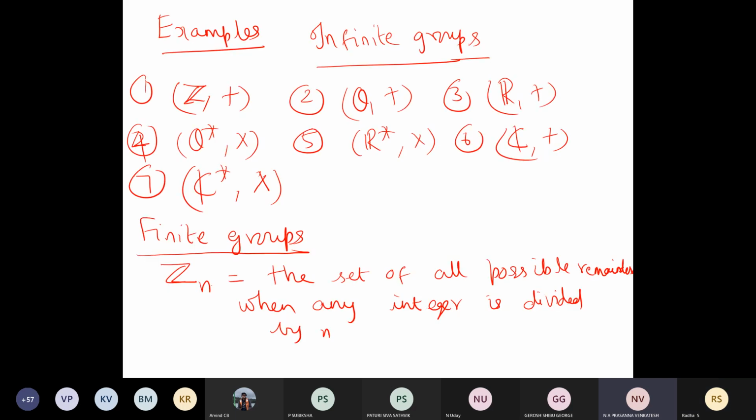Can you say what are all the possible values? When any number is divided by 5, what are all the remainders possible? 0 to 4. So when any number is divided by n, what are the remainders possible? 0 to n minus 1. That's all.